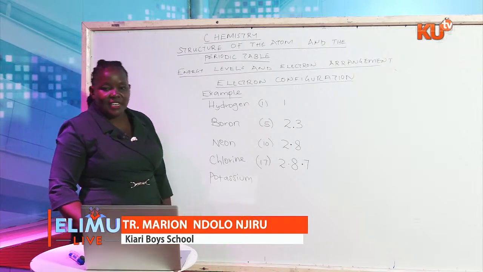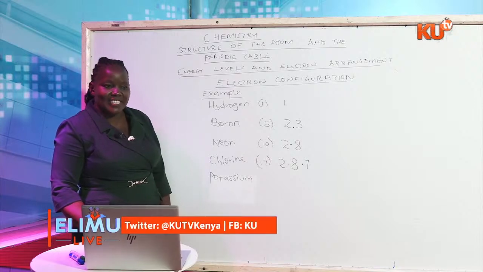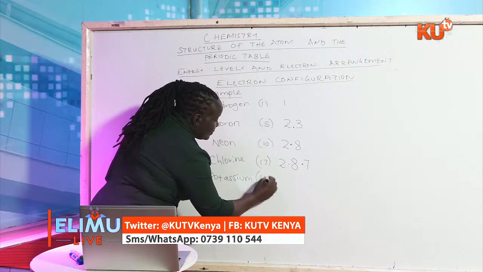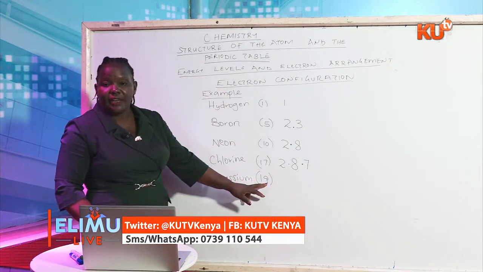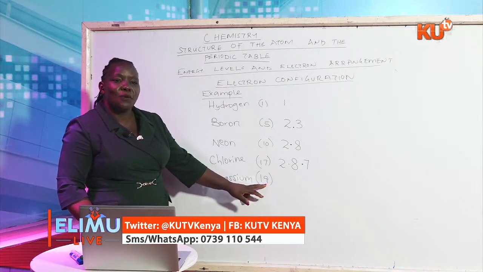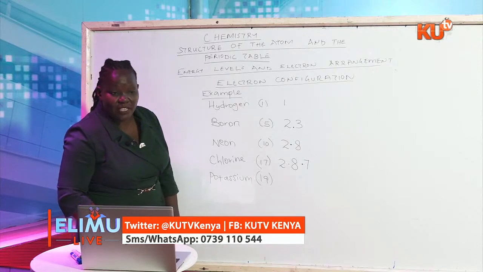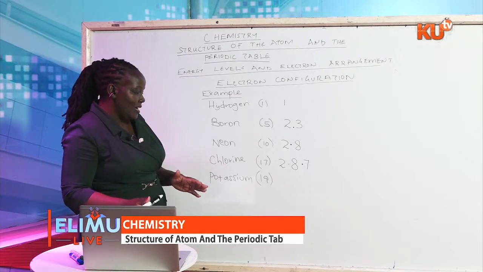What that means is that we have 19 electrons in an atom of potassium. So potassium is among the elements that we talked about in the energy level. Its atomic number is between 1 and 20.